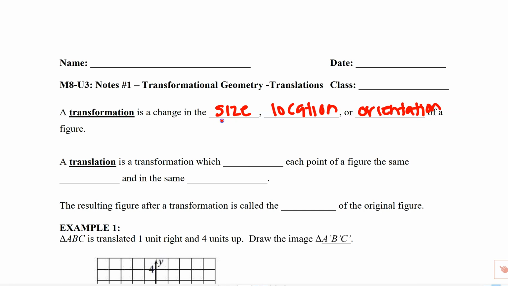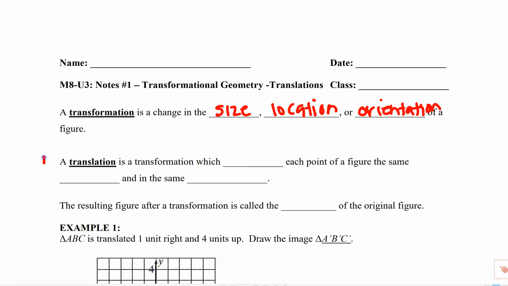So the size, it can change sizes, right? It can get bigger, smaller, it can change location, or it can change orientation. Orientation means the way that it's facing. All right, so it can be one, two, or all of them on any transformation.